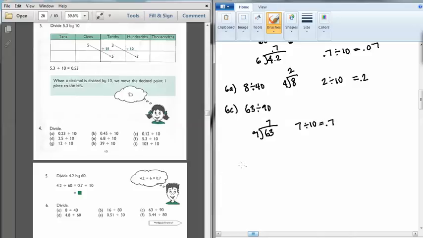Alright, cool. Let's do 6E. 0.51 divided by 30. Alright. 0.51 divided by 3. That would be, let's see, it goes into 5 one time. So I have a 3 down here, drop that down, put my decimal over here, by the way.